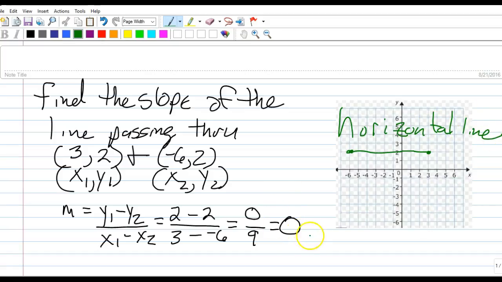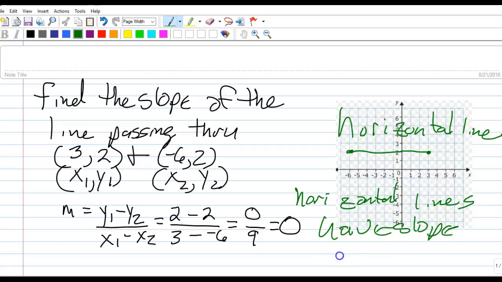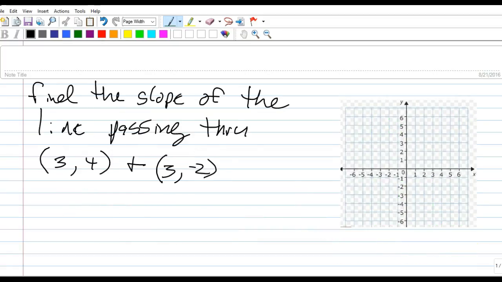And horizontal lines have slope of 0. Previously, we found that the slope of a horizontal line was equal to 0.